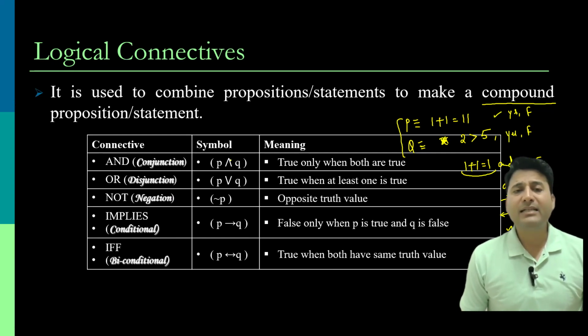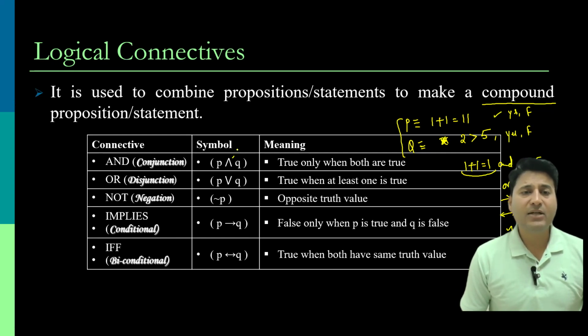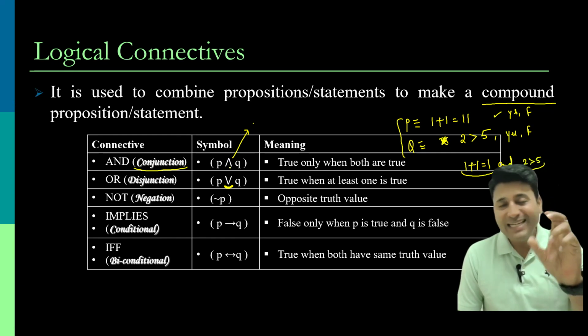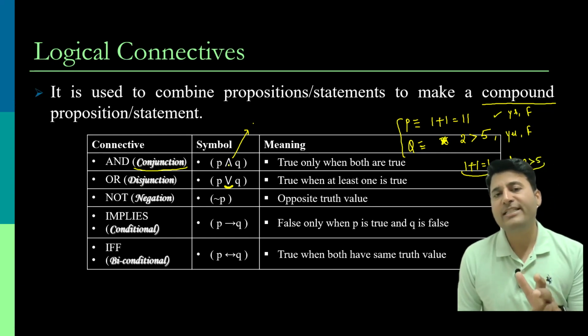When we are connecting by using AND, this is the notation used for the AND connective. AND is also known as the conjunction. OR is this one, which is quite similar to union, and AND is quite similar to intersection, and their meaning is also quite similar to those results.